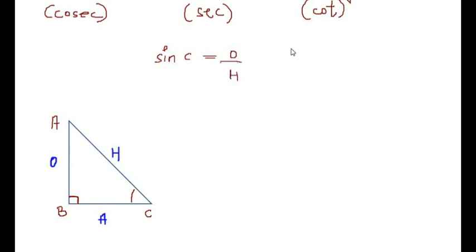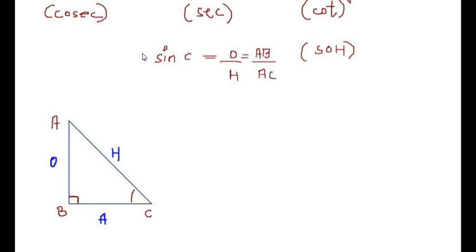So we usually write the abbreviation as SOH. S stands for sine, O stands for opposite, and H stands for hypotenuse. So this is your first trigonometric ratio. Now here in this triangle, the opposite side is AB and the hypotenuse is AC.